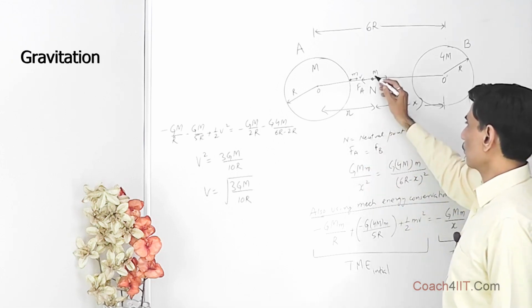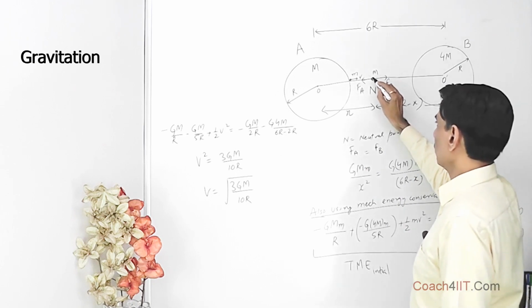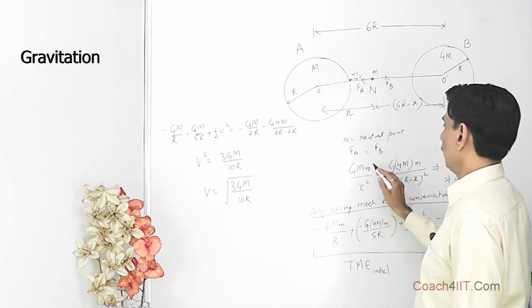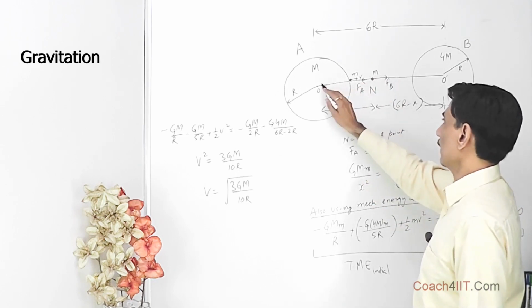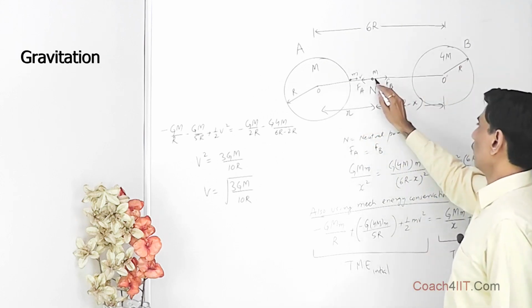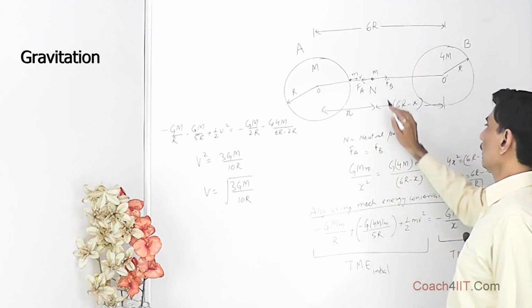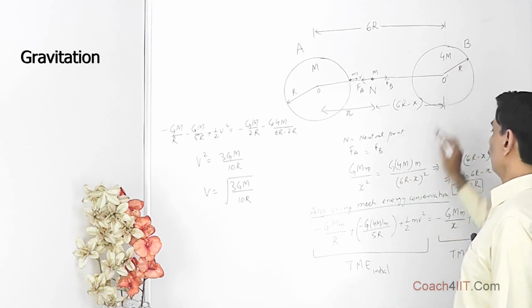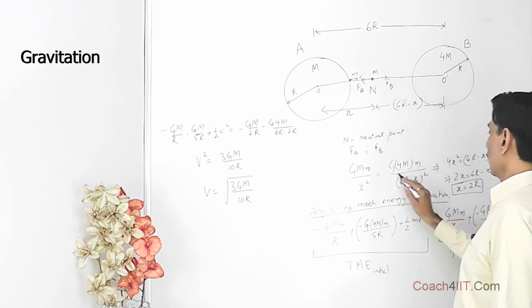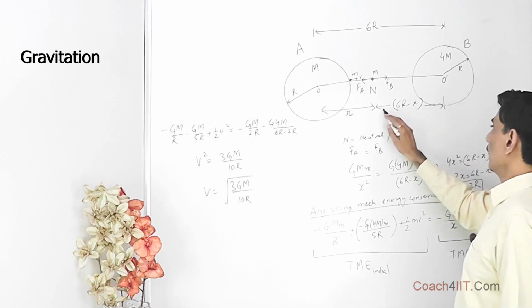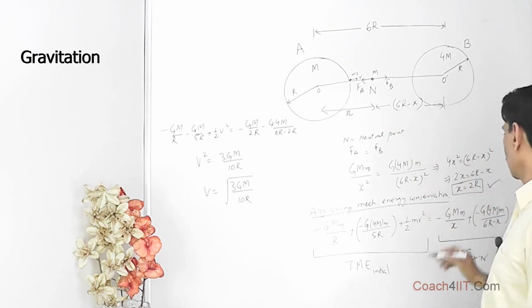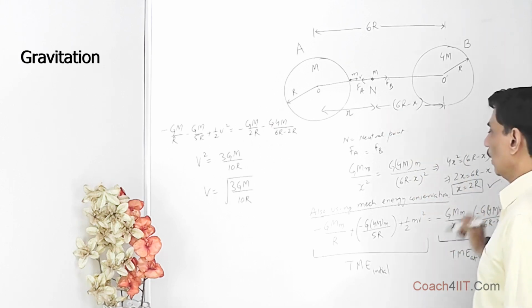So GMm upon x square, the force of attraction between this sphere and the mass, with the distance taken as x, should be equal to the force of attraction between the other sphere and the mass, that is G into 4m into m upon the distance between the two, that is (6r minus x) whole square. When we solve it, x comes out to be 2r.